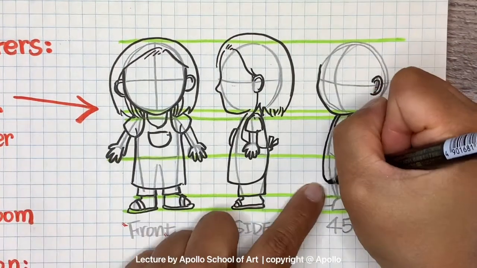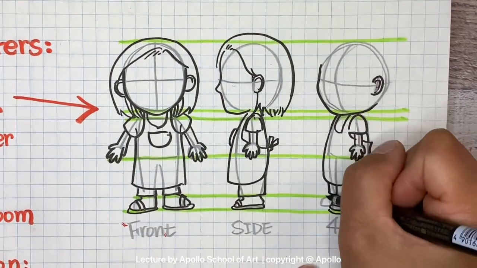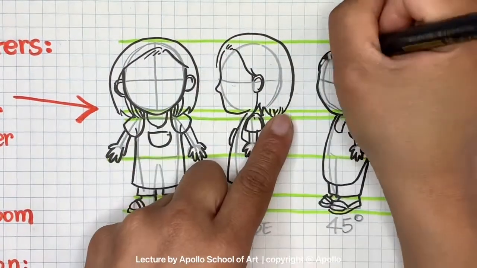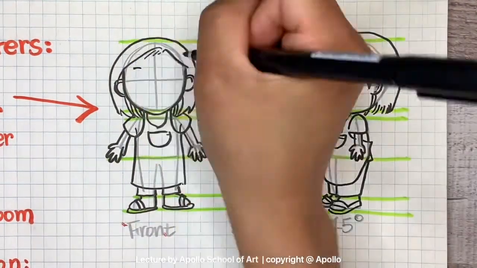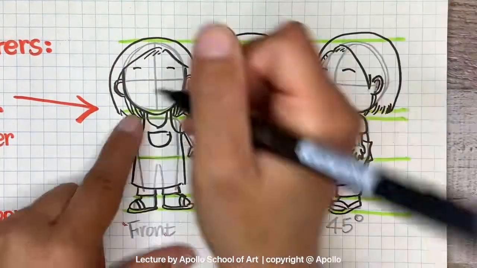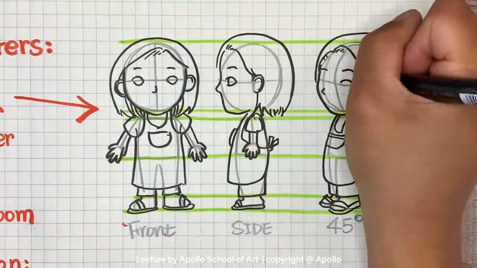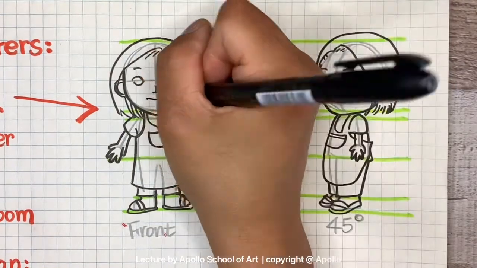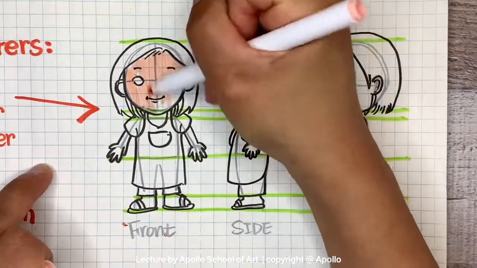Okay, remember how long the hair is on the front and how long the hair is on the side and the 45 degrees. Okay, even the pockets, even the eyebrows, even the nose, okay, and of course the eyes and the mouth.